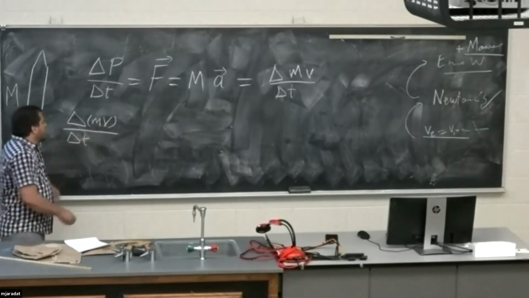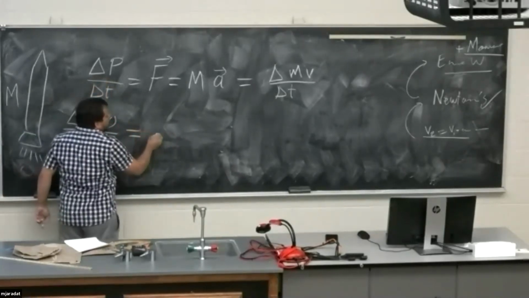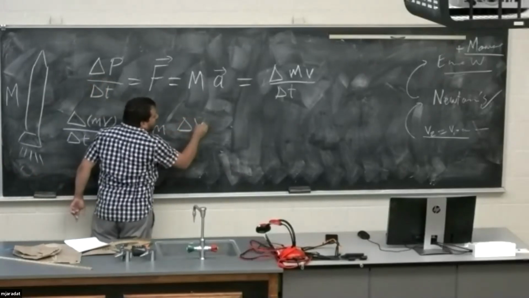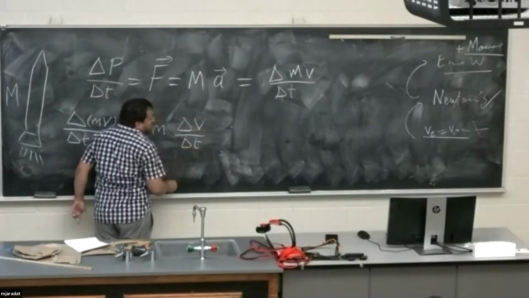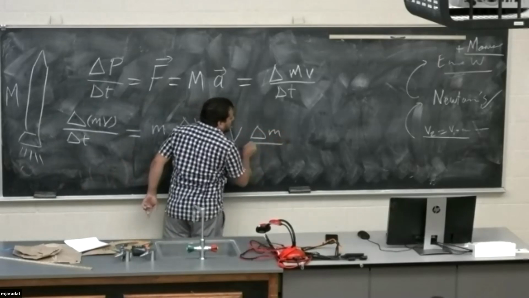So in this case, we will put the change in momentum like this. It is the mass multiplied by the change in velocity with respect to time, plus the velocity multiplied by the change in mass with respect to time.